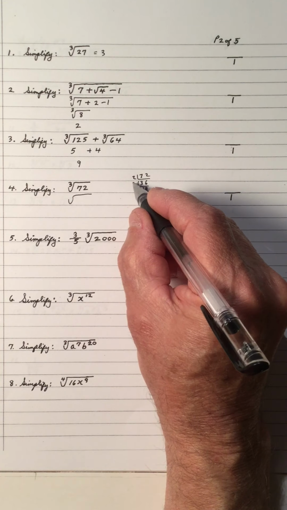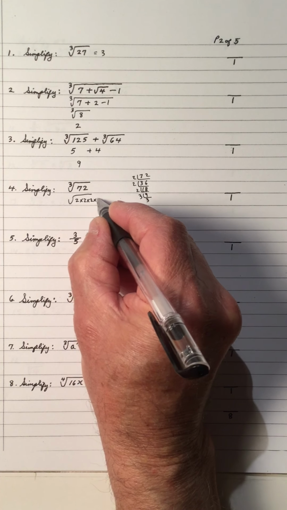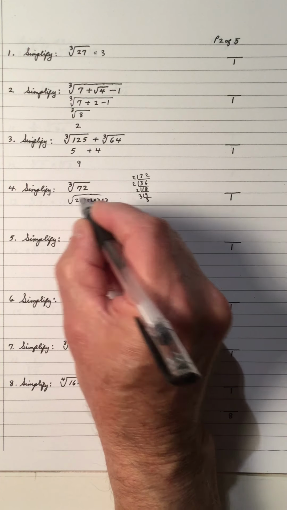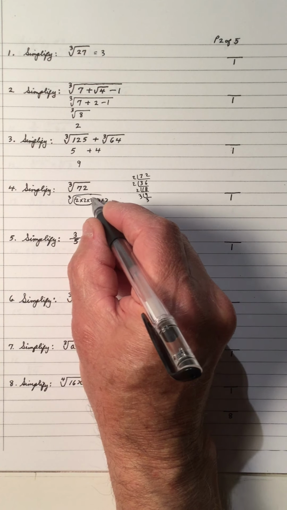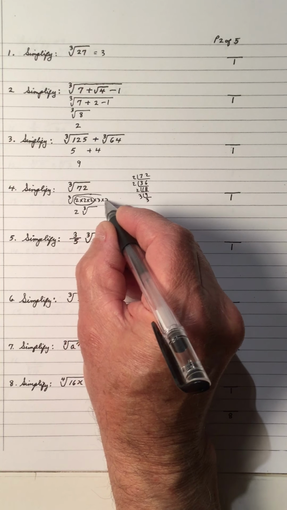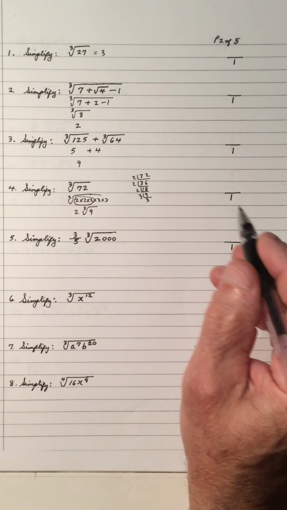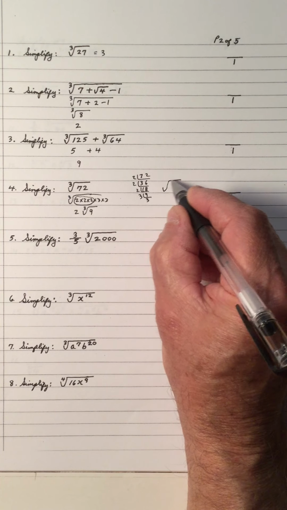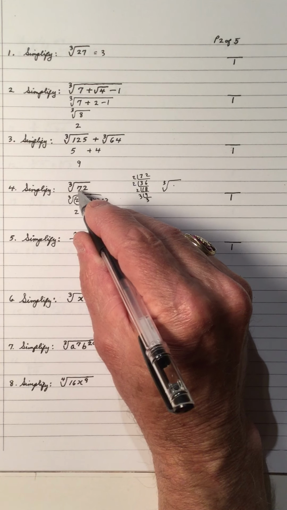So it's 2 times 2 times 2 times 3 times 3. And for the cube root, you need 3 of them. So that's three 2's, so that's 2 cube root. Only two 3's, you can't take it out. So that's a 9.